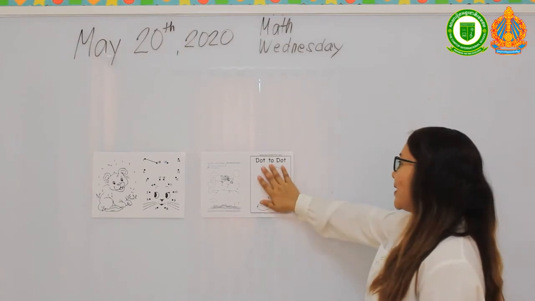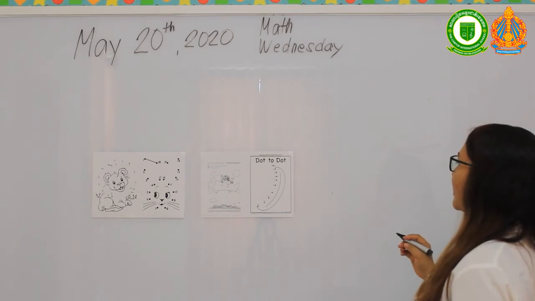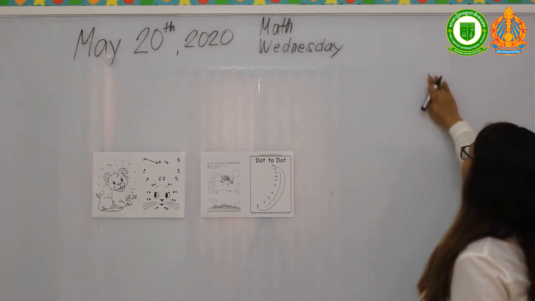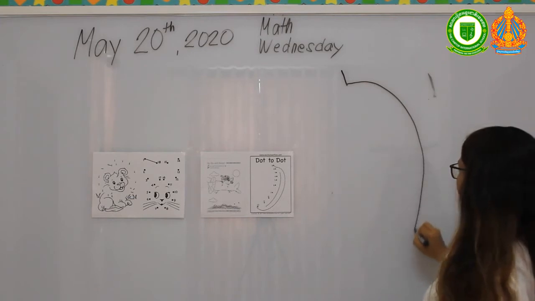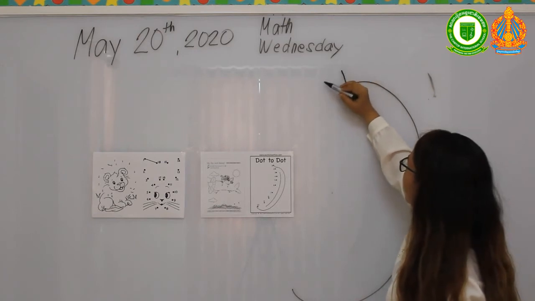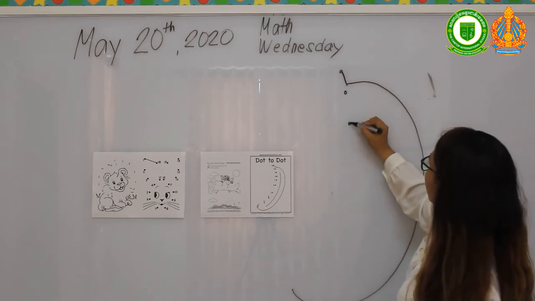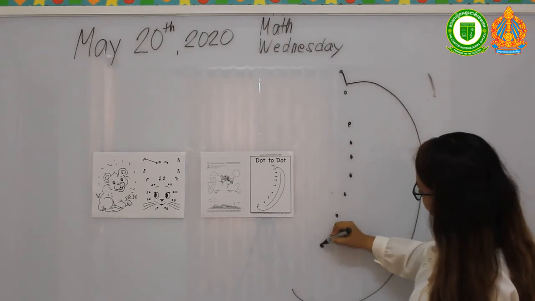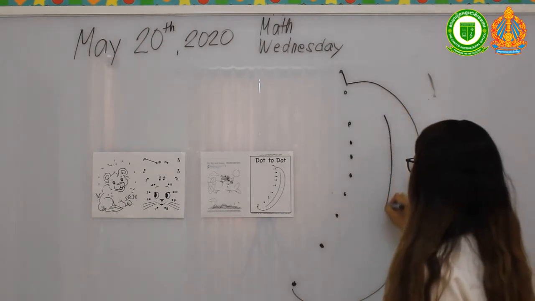So let's try this one, which is very easy. Okay, so I'll make it bigger maybe? Yeah, I'll just make it bigger. Just this one because it's very easy. So in here, okay, it just looks like this, right?